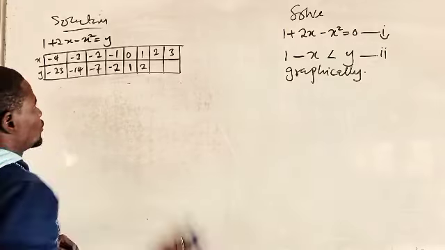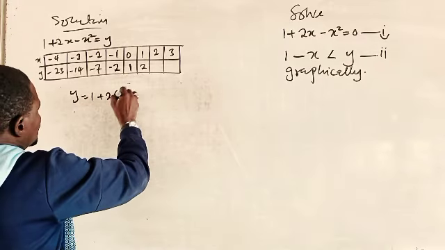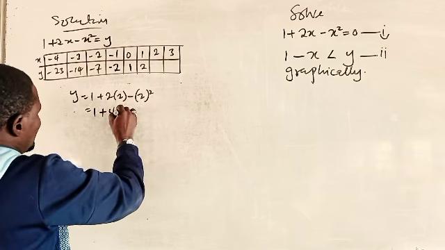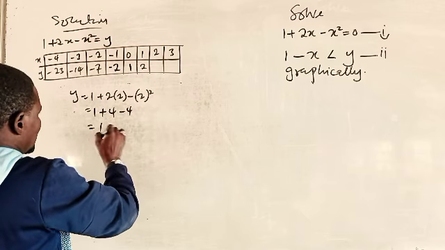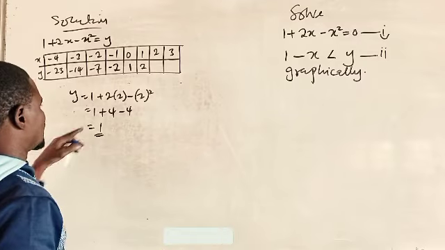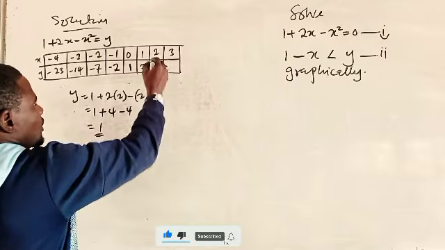So when x is 2, we have y equals 1 plus 2 bracket 2 minus 2 squared. This is 1 plus 4 minus 4. This is 1, because plus 4 minus 4 is 0, plus 1 is just 1. Or let me say 1 plus 4 is 5, minus 4 is just 1. So here is 1.